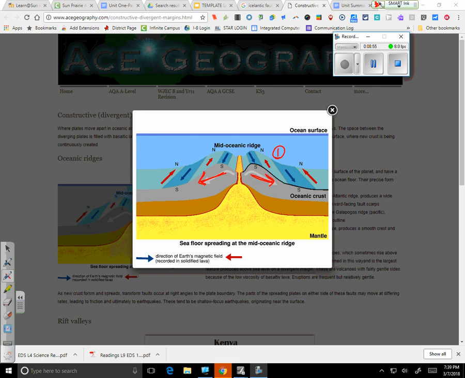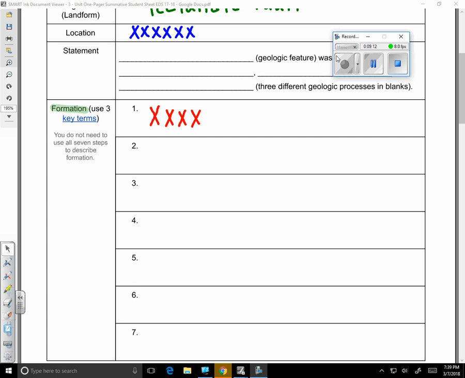They're dividing. If you need more time to write where it says number 1 about how it first started, please do that now.